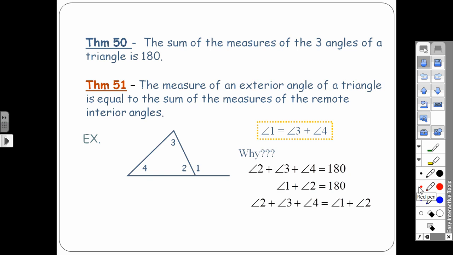And notice that we can cancel out this angle 2 and this angle 2. And then we end up getting angle 1 equal to angle 3 plus angle 4, which is exactly what we had up here. Okay, so that's how you would go about proving theorem 51. Pretty neat. Okay, next.